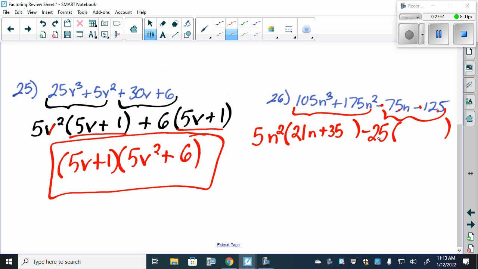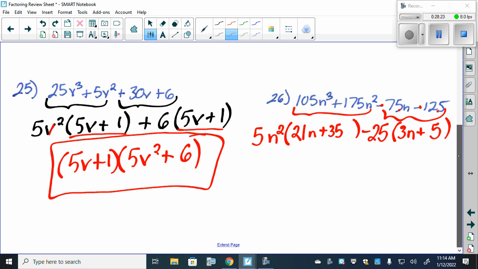Negative 75 divided by negative 25, well, the negative and negative would make a positive. 75 divided by 25 is 3, and we have n. For the negative 125, well, the negative and negative would make a plus. And 125 divided by 25 is 5.